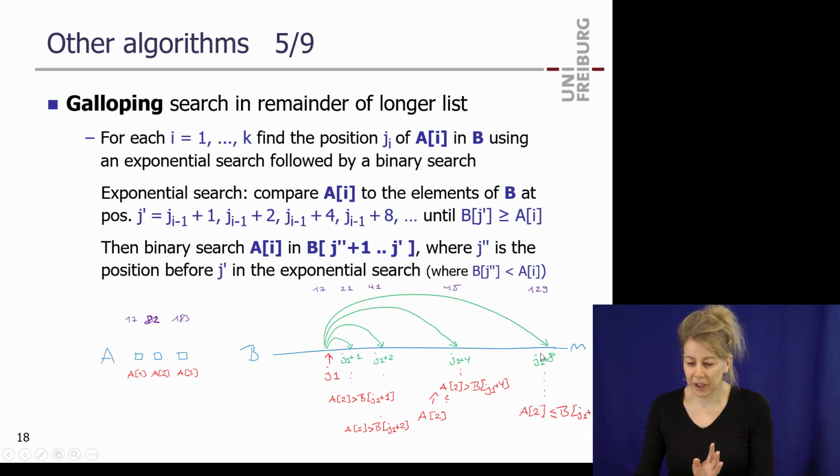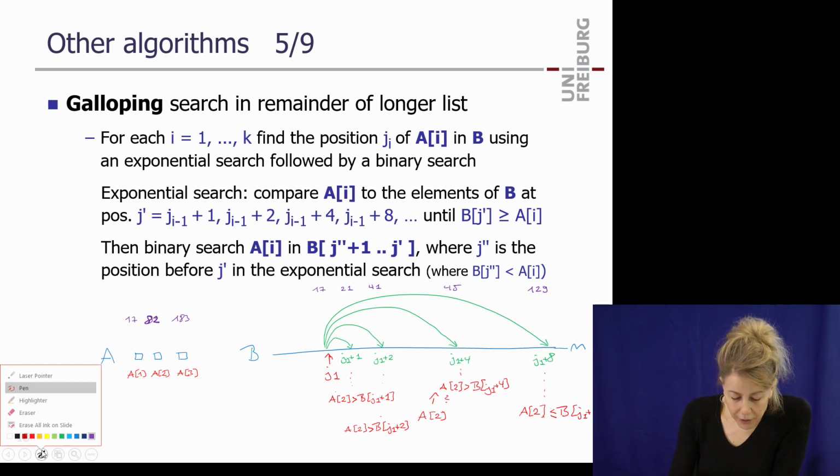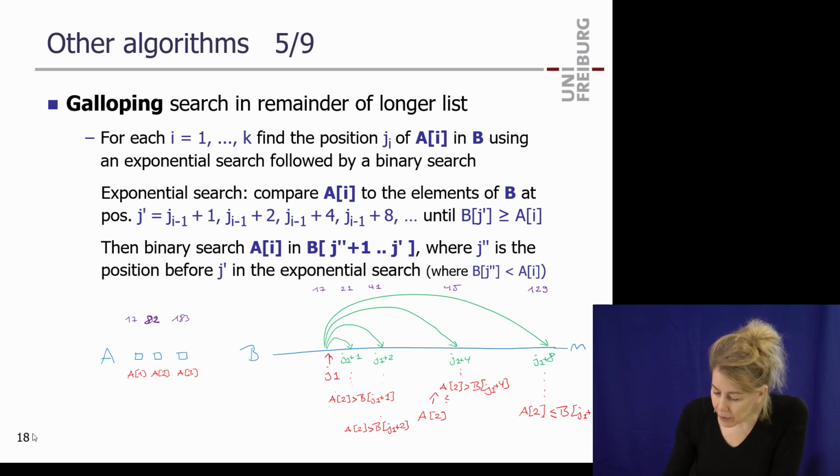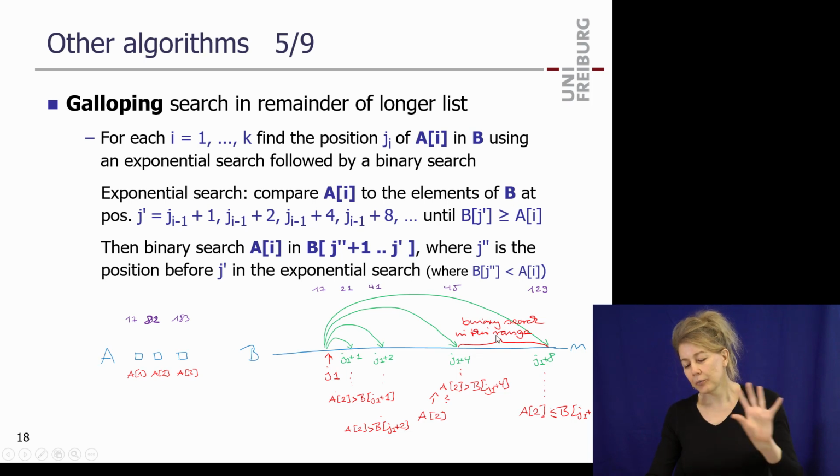So here for the first time the element in B is larger than the element I'm searching for. And what do I know now? Now you can do a binary search in this range. Yeah, making mistakes is also good to understand something.